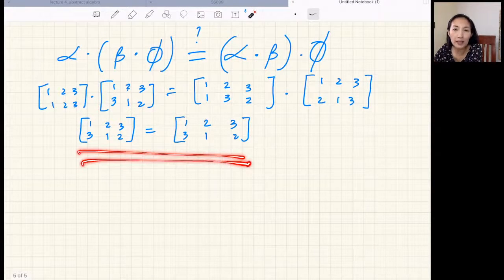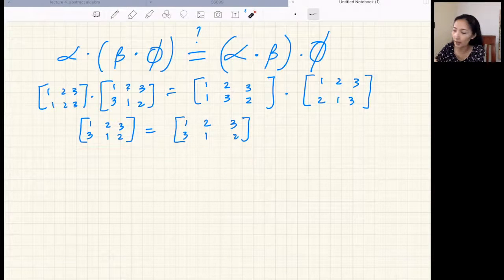So, this satisfies your associative property. Your S sub n with respect to the operation, multiplication, is associative. Sorry, the operation is associative, not the set. Multiplication of permutations of n symbols is associative.